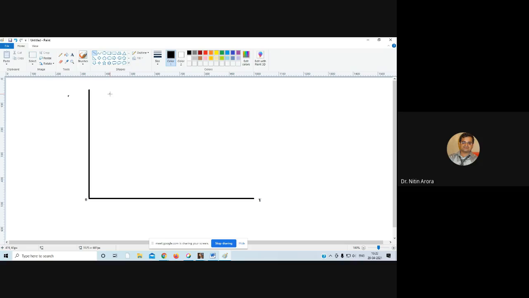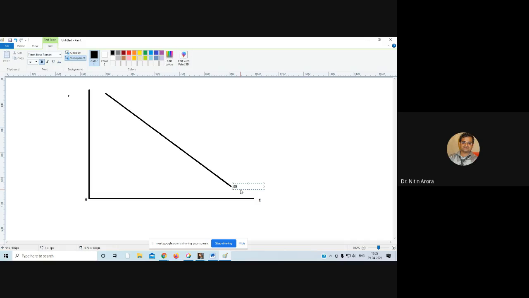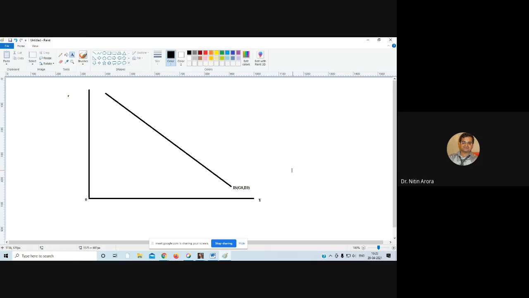We have an IS curve. Now in open economy, IS curve is drawn for given government expenditure G naught and exchange rate E naught.